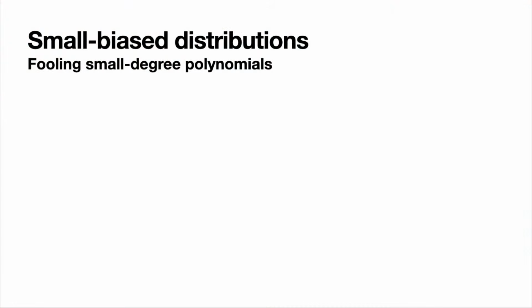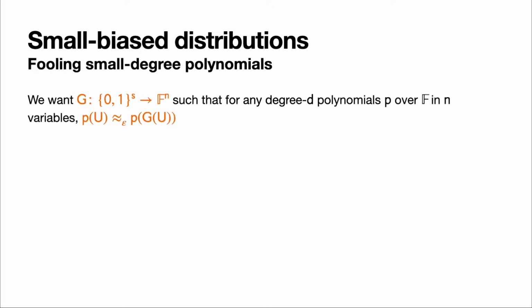Okay. One last application, I think, of epsilon bias sample spaces is for fooling small degree polynomials. So we want a generator that maps s bits into an n tuple of field elements such that for any degree d polynomial p over F in n variables, the distribution of its output on the uniform distribution is close in total variation distance to the distribution of its output on the generated distribution.